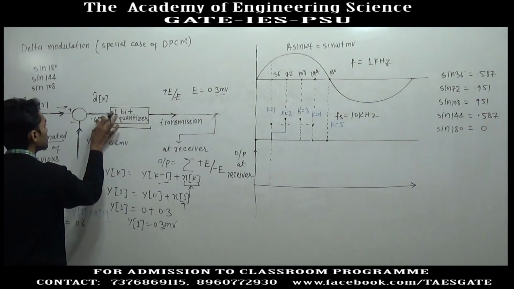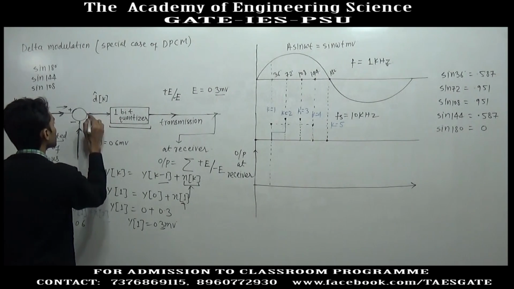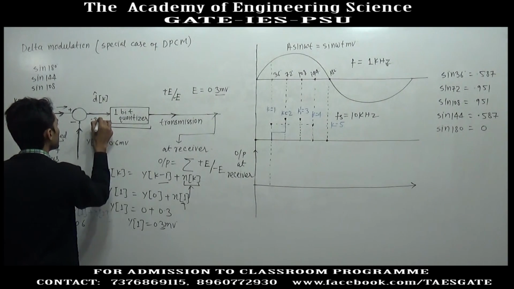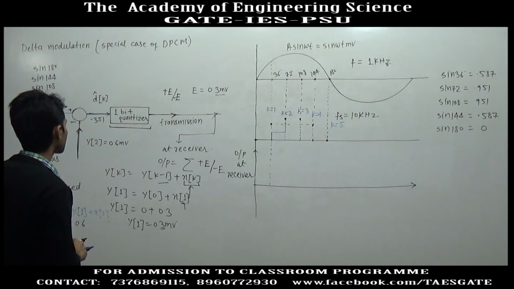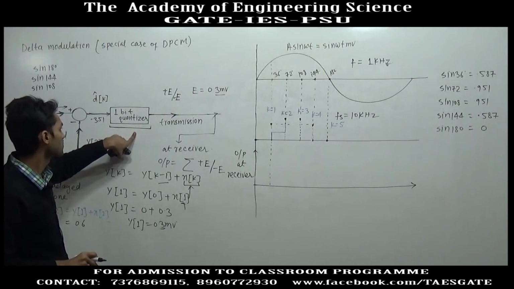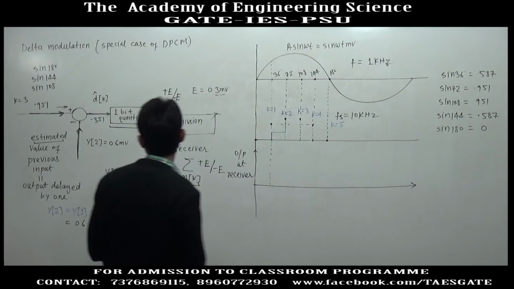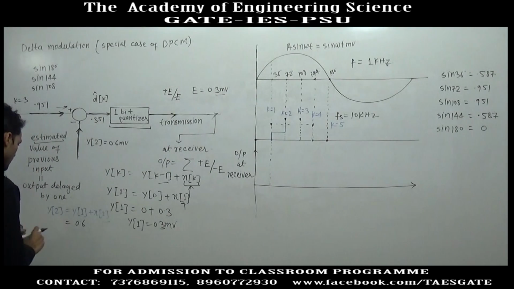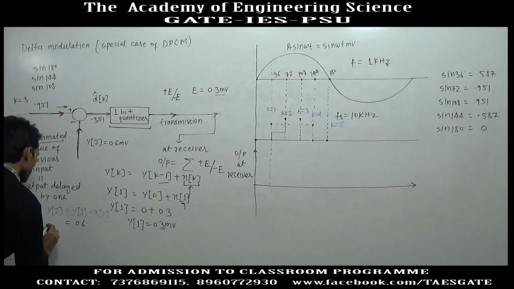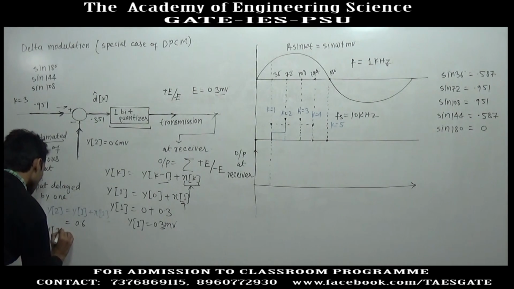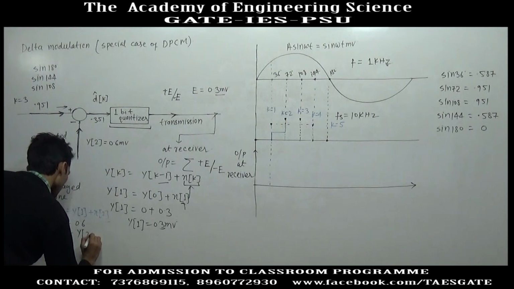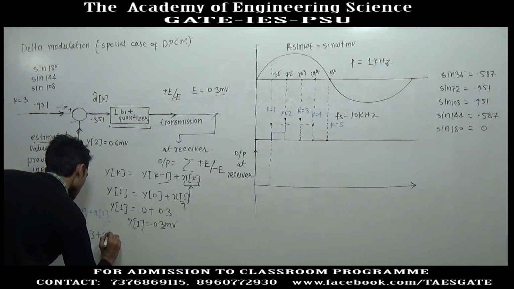So, here the signal will be 0.351. Again the input to the quantizer is positive, so the output will be 0.3 millivolt. So, we will write it as y 3 is equal to y 2 plus x 3.